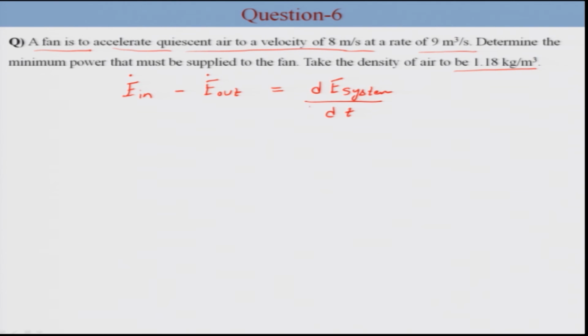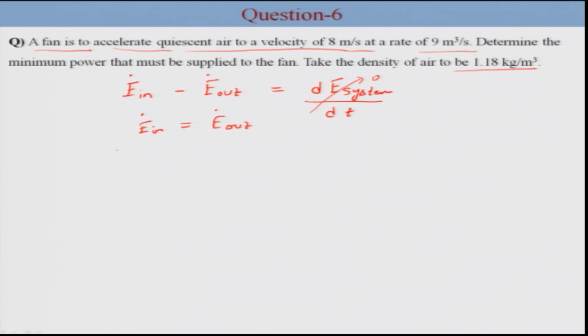Now, this rate of change in energy of the system is 0 because this is a steady flow process. So, here E in is equal to E out. So, energy is given as input to the shaft of the fan and it is coming out in terms of the velocity of the air, or increase in mechanical energy of the air.